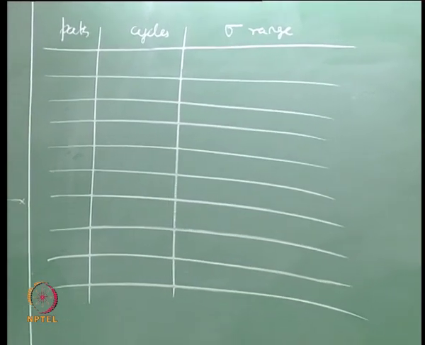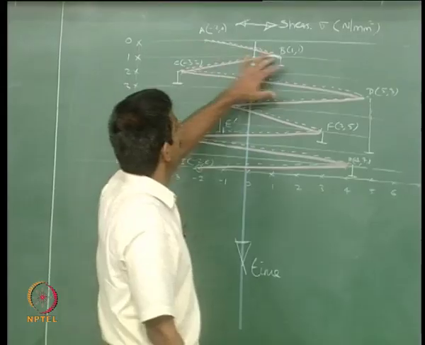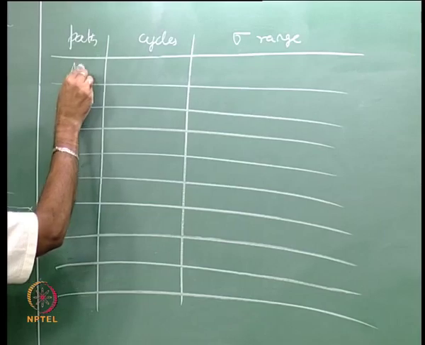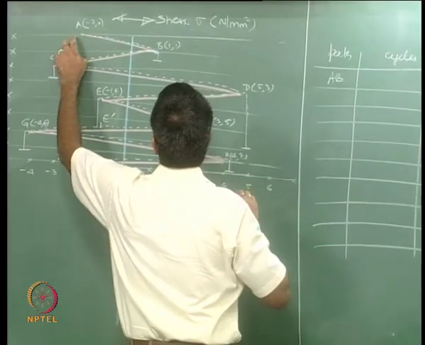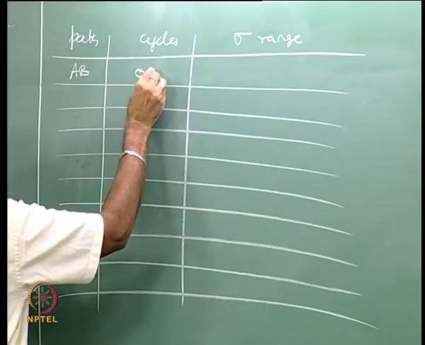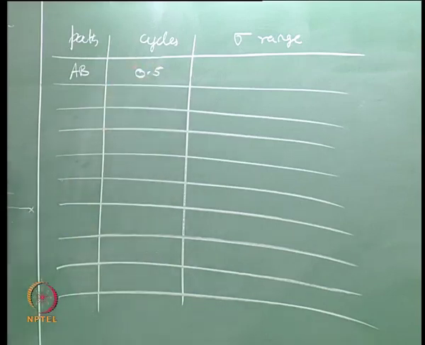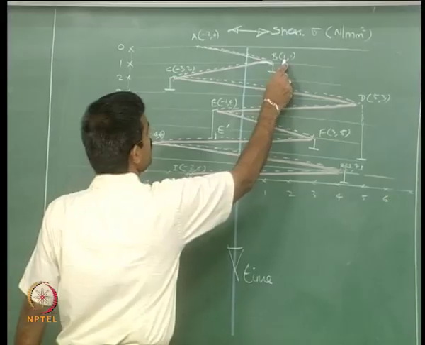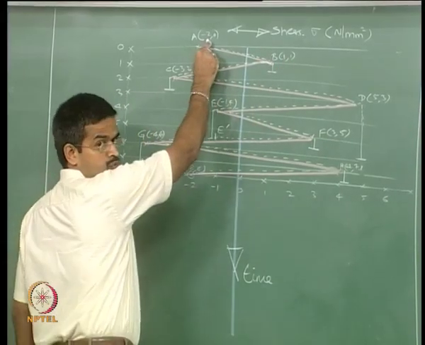Let us say the path AB. Look at this figure here, AB is the path, one half cycle because one valley and one peak. I write here 0.5, one half cycle, and the stress range for this: B is 1 and this is -2. So the range is 3.